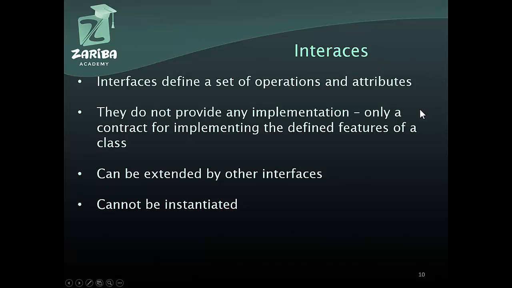So the interface only provides a contract for implementing the defined features. Let's say I want to have an interface which is IJumpable. It will have a single method called jump, but I never say how my bunny or my animal is going to jump. I just say, if you want to implement this interface, you have to implement the method jump.